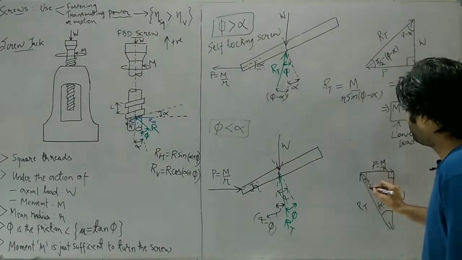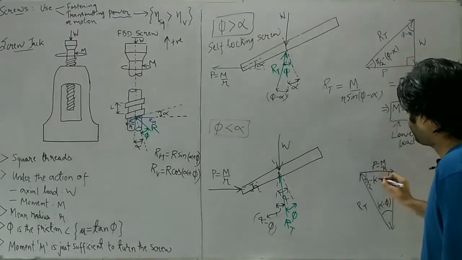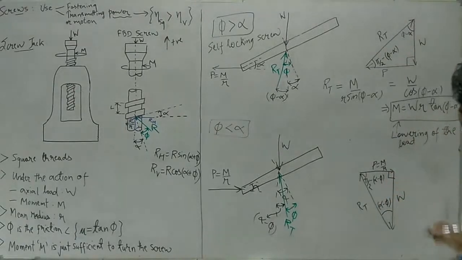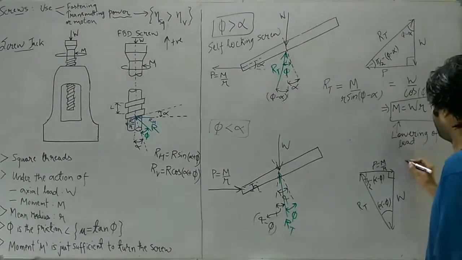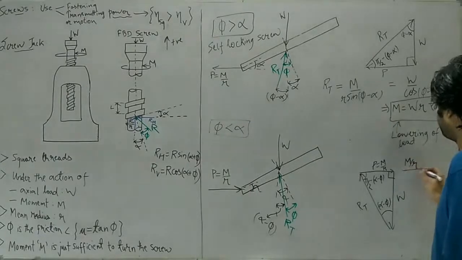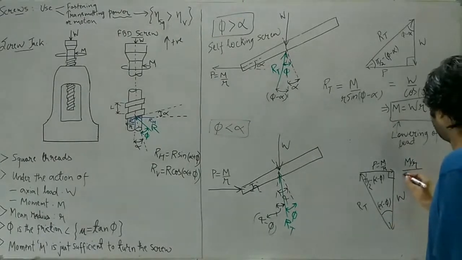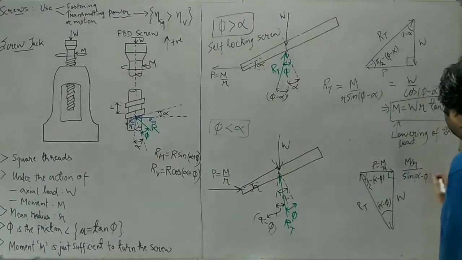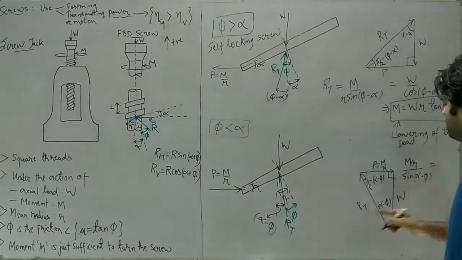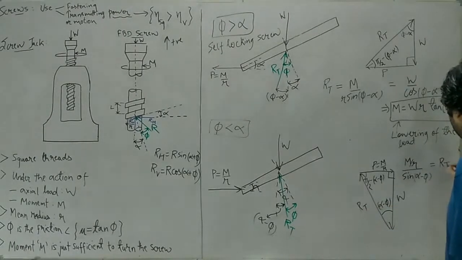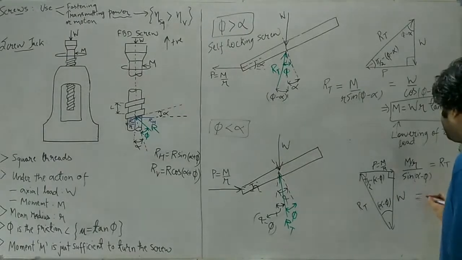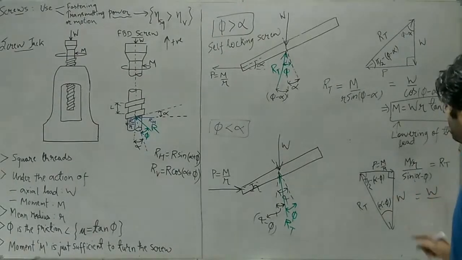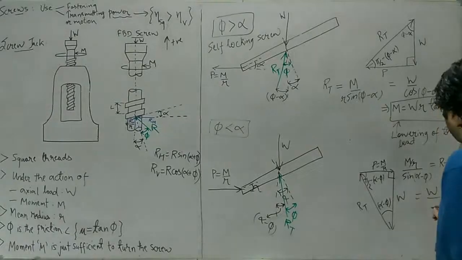This will be pi by 2 minus alpha minus phi. Okay, so again we have the relation M by r divided by this angle, which is nothing but sine alpha minus phi, is equal to RT by sine 90, that is 1, is equal to W by sine of this angle, which is nothing but cos alpha minus phi.